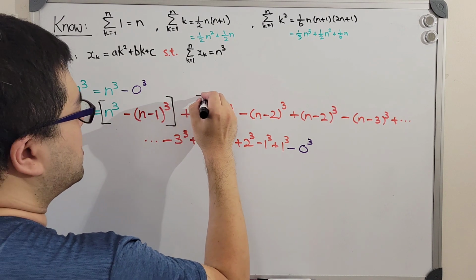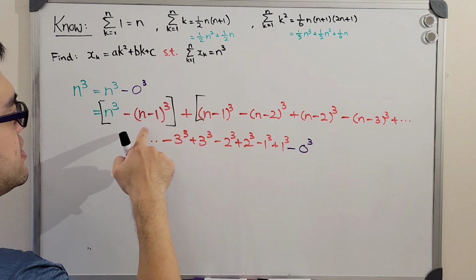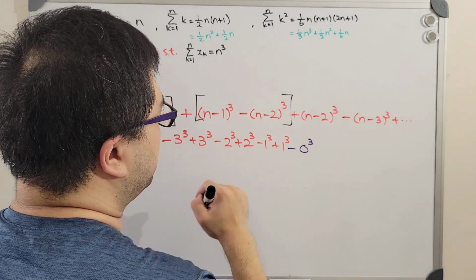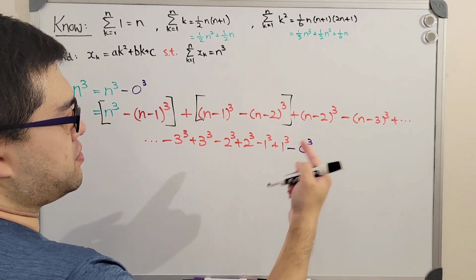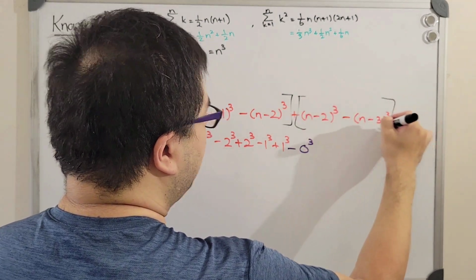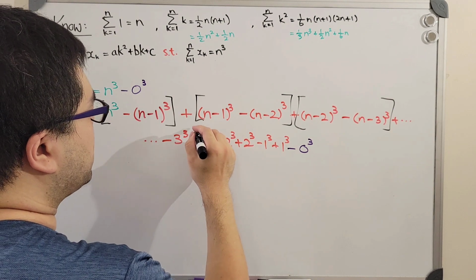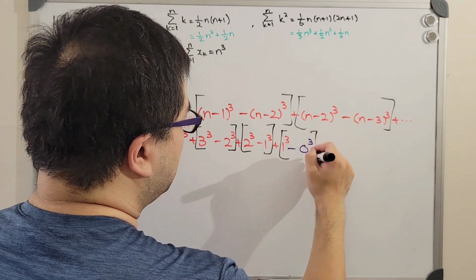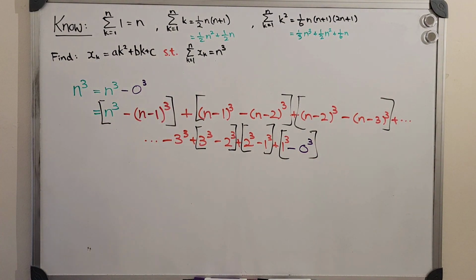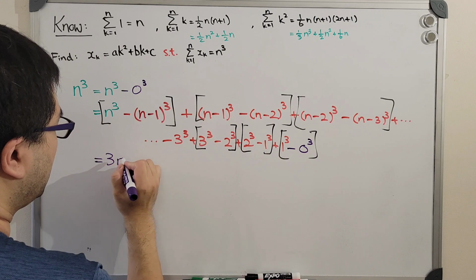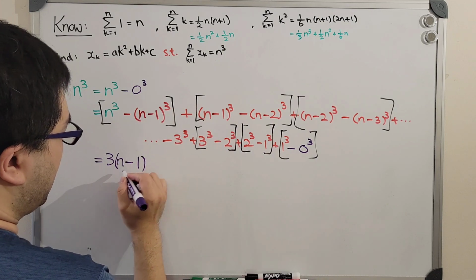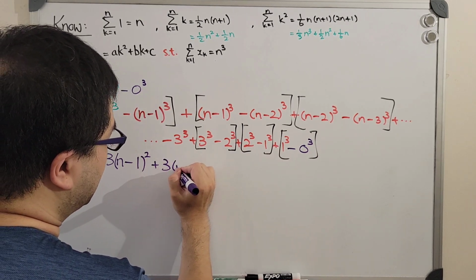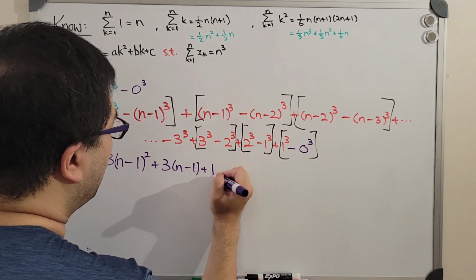And we will actually get n to the third power minus n minus 1 to the third power, and then n minus 1 to the third power minus n minus 2 to the third power, and so on and so forth, so that we eventually will get a finite sum like this. First one, we have 3 times n minus 1 squared plus 3 times n minus 1 plus 1.